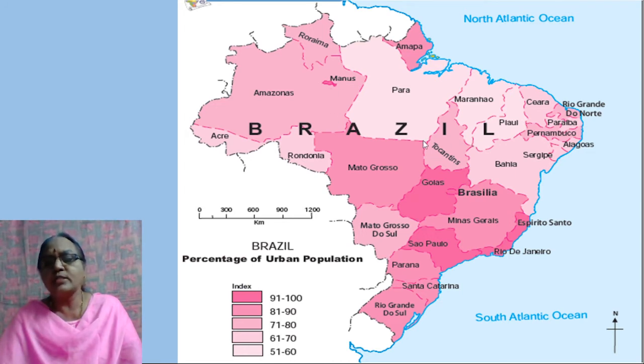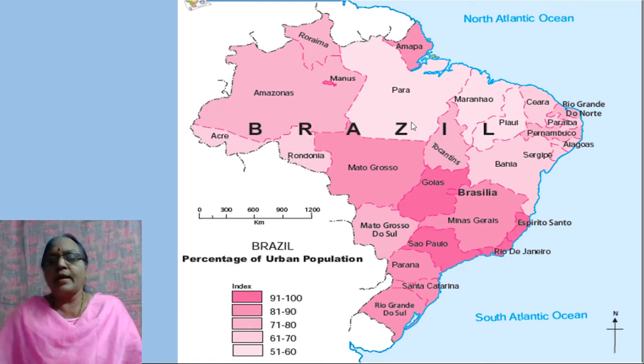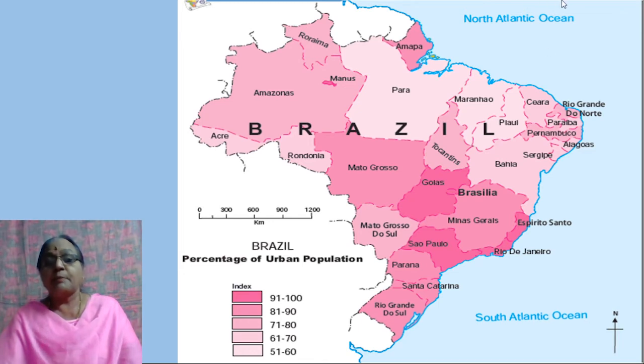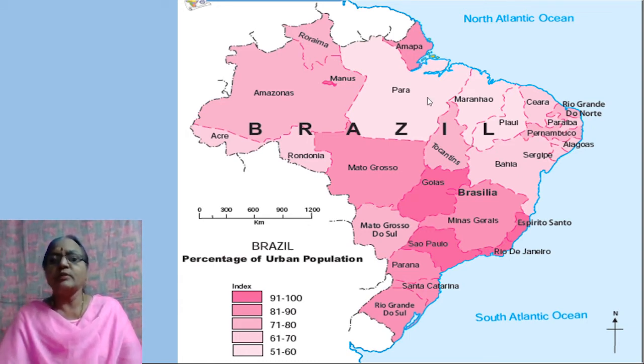And further inwards, this is a region of the Amazon Basin, an inhospitable terrain, a region of heavy rainfall and dense forests, and it's inaccessible. So because of all these reasons, the percentage of urban population in these regions is sparse or low. Okay, children, understood?